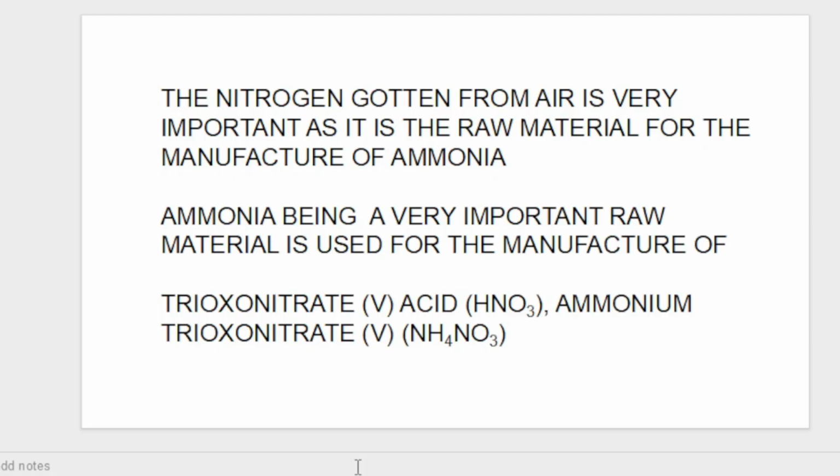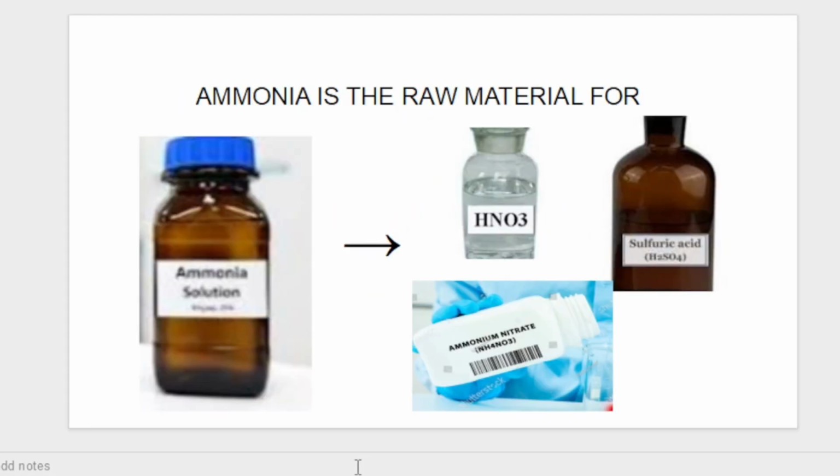Ammonia is also used for the manufacture of a salt called ammonium trioxynitrate 5, that is NH4NO3, and so many other chemicals. Ammonia is also used for the manufacture of sulfuric acid, that is tetraoxosulfate 6 acid, H2SO4.